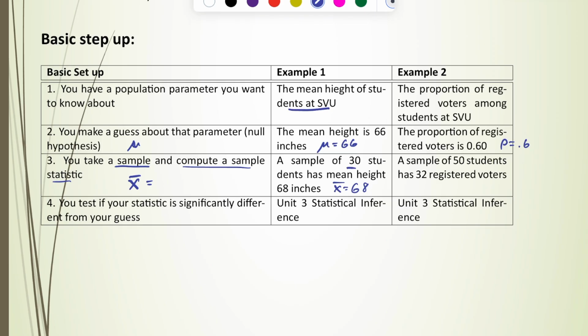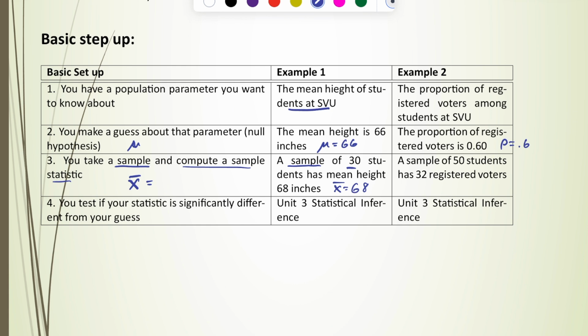And the question is, is it likely that the true population mean is 66 inches when I was able to get a sample, and these will have to be random samples, when I was able to get a sample and the average height was 68 inches. Now, the question is, is that a fluke? Is the difference between 66 and 68 explainable by the natural variation of a sample of 30 students? Or does it suggest that the true mean is actually not 66 inches?